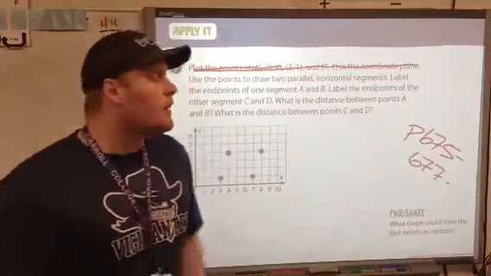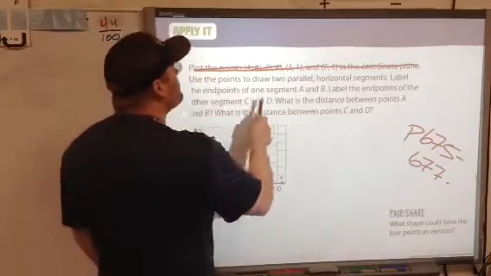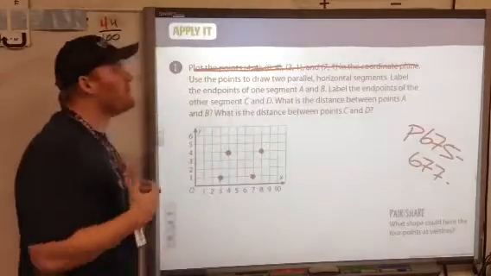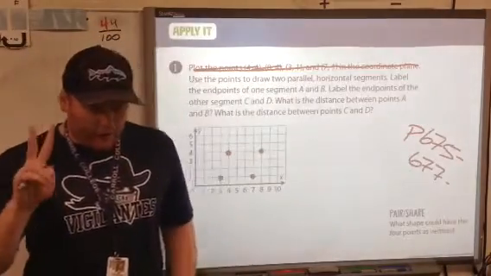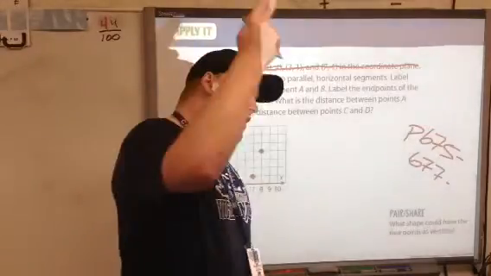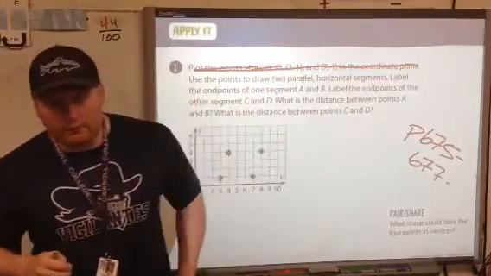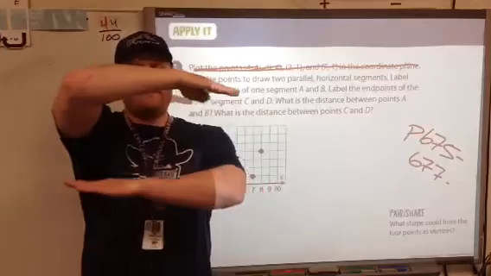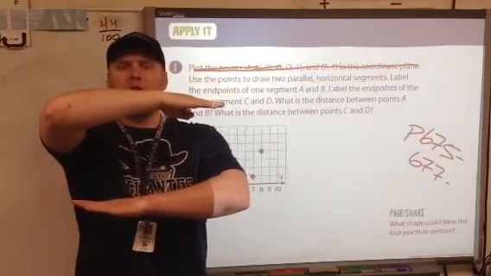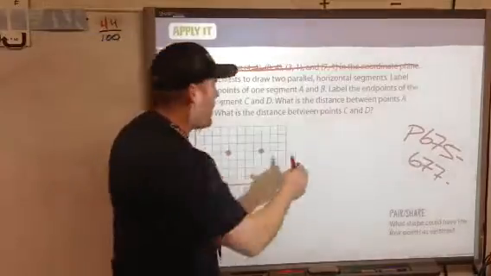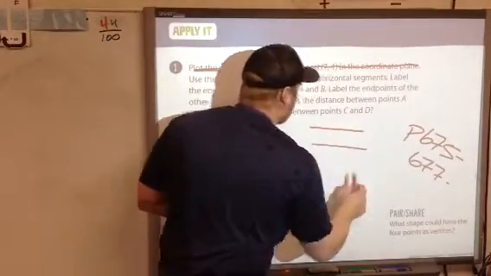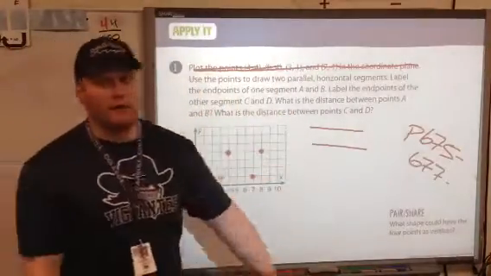First step done. Then it says use the points to draw two parallel horizontal line segments. We have two big vocabulary terms from last week's topic. Parallel lines are opposite of each other, straight across from one another. Those would be two parallel lines.